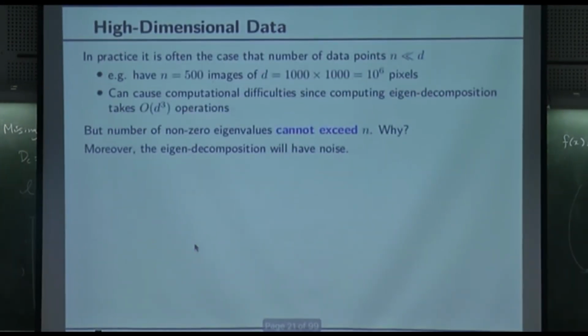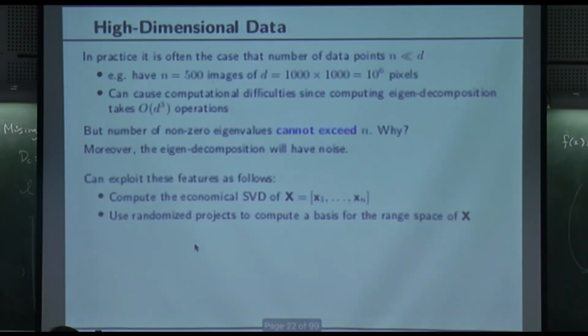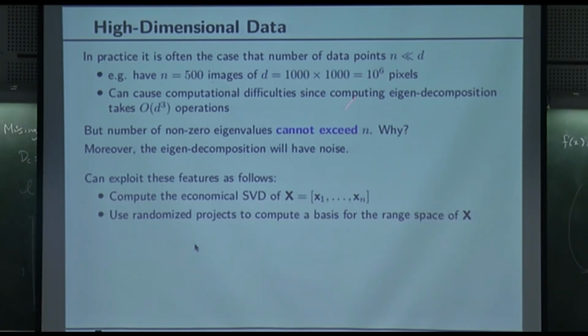Where did we go? Here. Often the number of data points n is less than d, so instead of computing the entire SVD, you do something called an economic SVD, which just picks up a very small number of singular values that end up giving me the information.